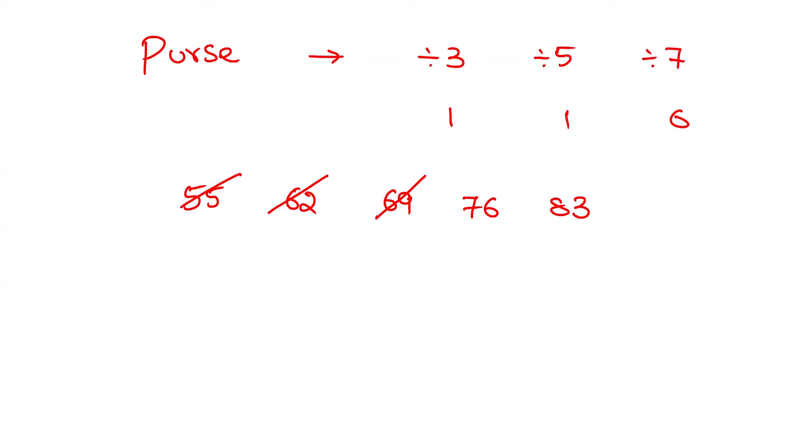So all these are waste. Like as of now, 76, 83 also waste. Next is 90. 90 also gives remainder 0 when I divide by 5. I'm checking only these two parameters. Then after this, 97. 97 also divided by 5, remainder 1 will not come.